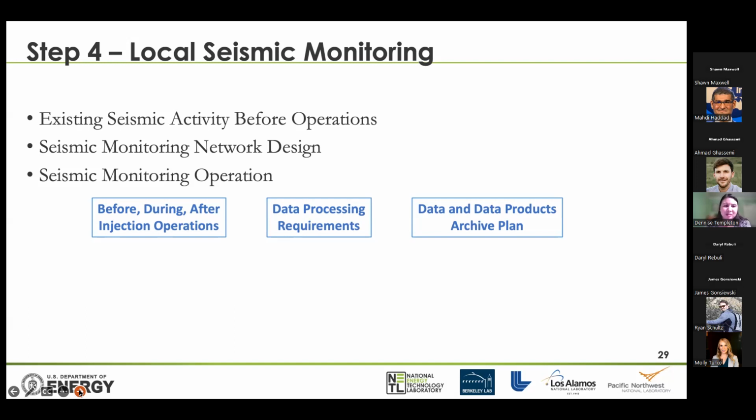The operation of the seismic monitoring network before, during, and after injection operations should be discussed ahead of time. What are the data processing requirements, and what are the data and data product archive plans?